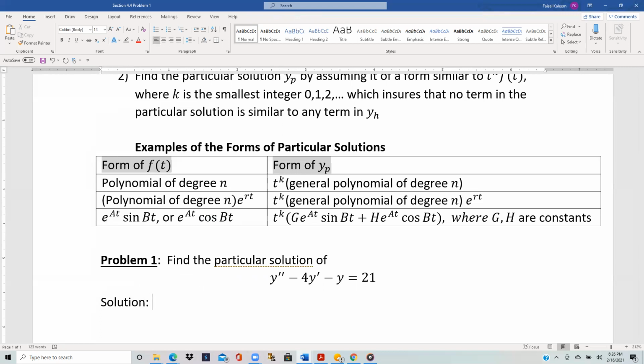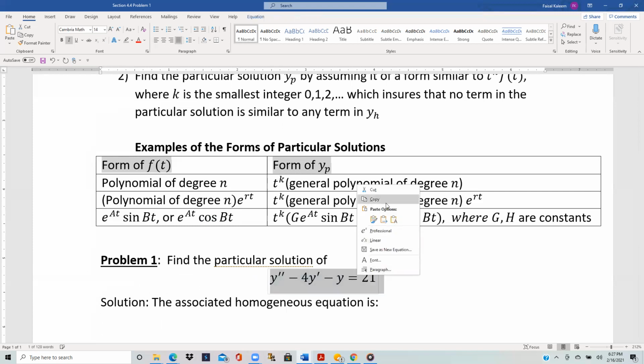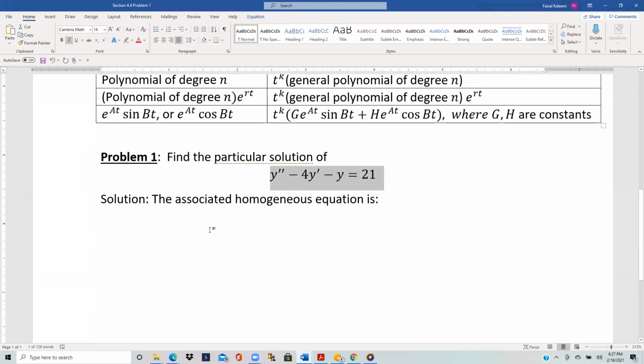So we'll write the associated homogeneous equation, which is just the same thing but with a 0 on the right hand side.